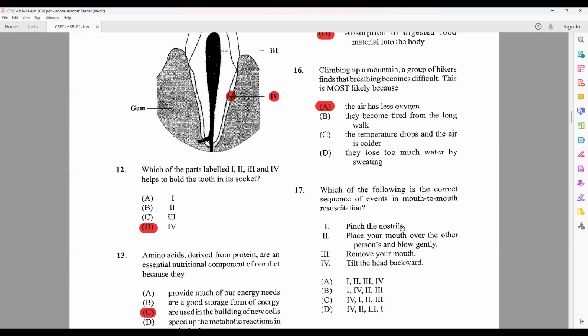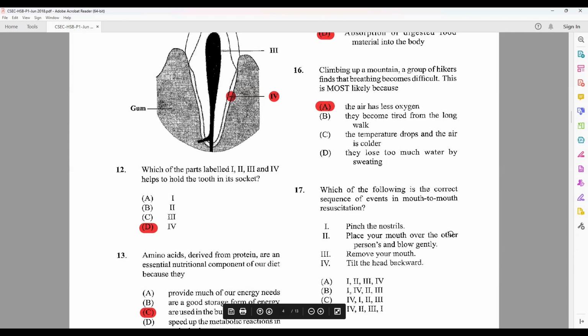They're asking you to put them in order. It's always easier to go from the end and go forward. That's how I like to do it. So I am going to go with C, because when you remove your mouth, you finish. So this is the end.